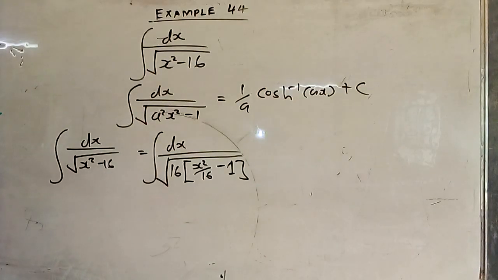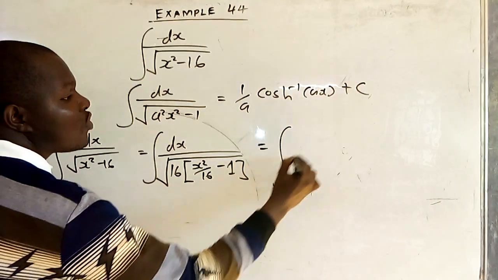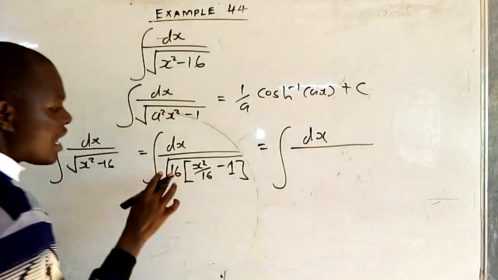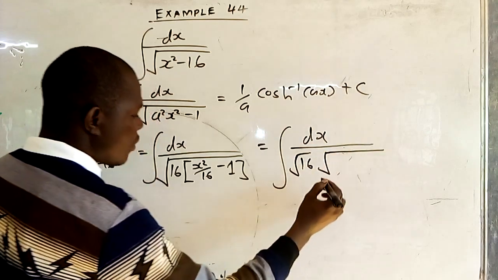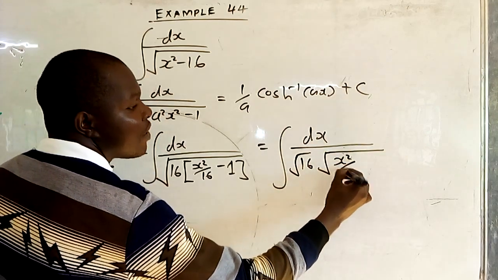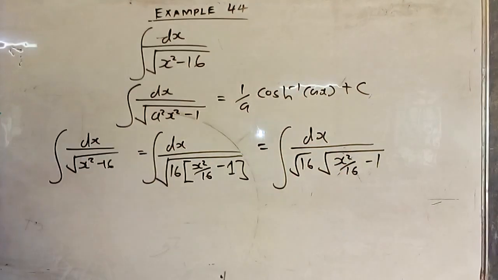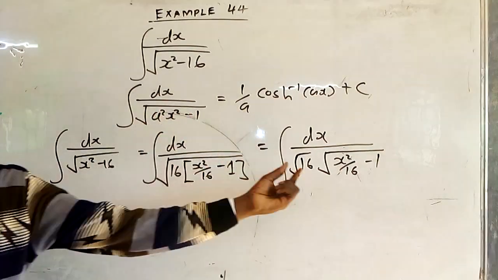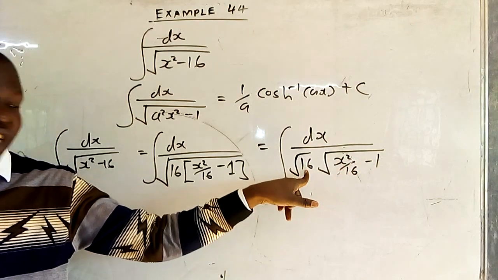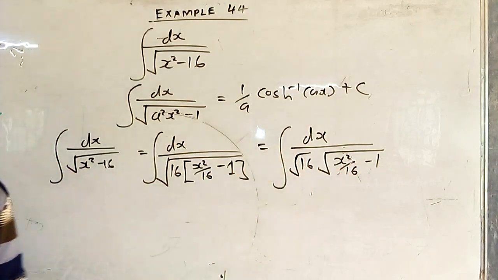Are we together? Then from there it means you have x over square root of 16 times square root of x squared over 16 minus 1. Because we are looking for square root of x squared minus 1, we've already found this here. So this is a constant and can be factorized outside, isn't it?